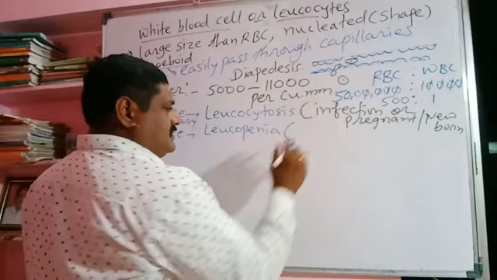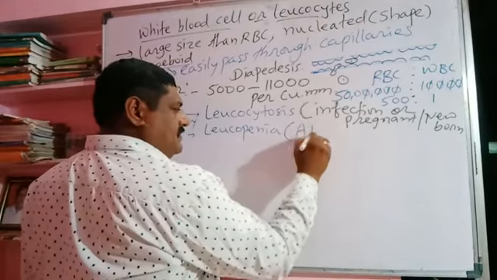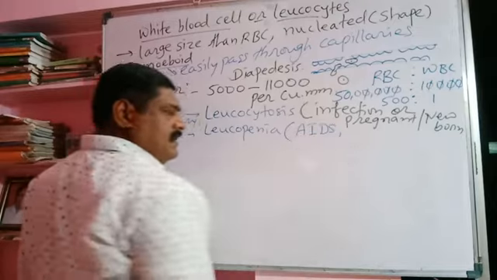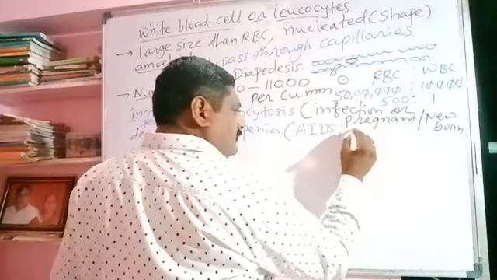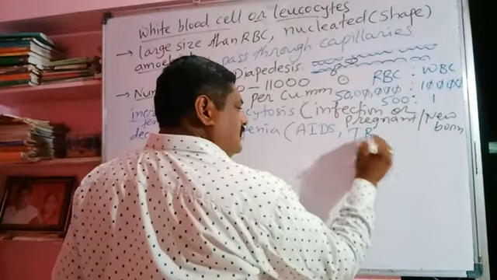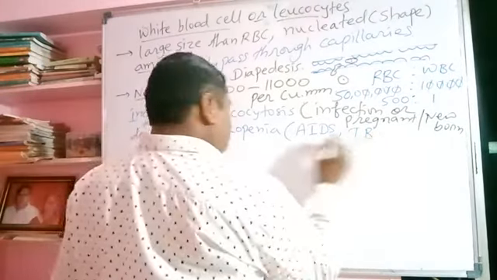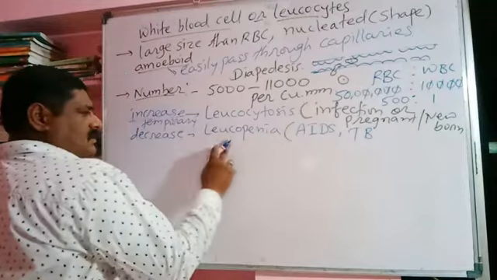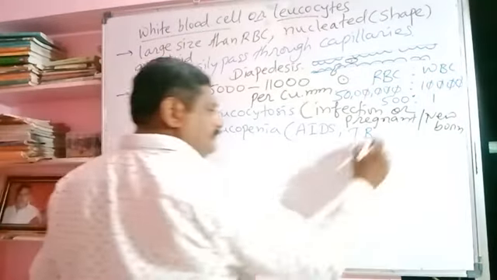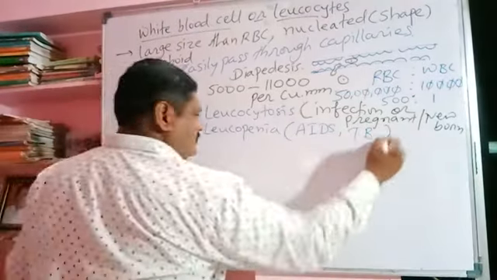In infections like human immunodeficiency virus causing AIDS, or the disease tuberculosis, the amount of WBC decreases. So it is called leukopenia.